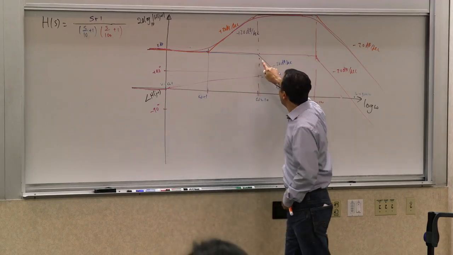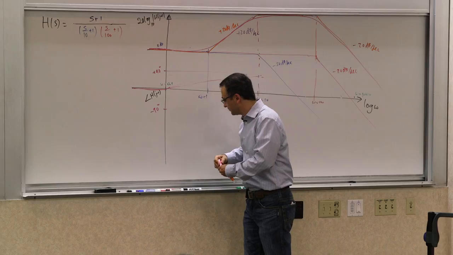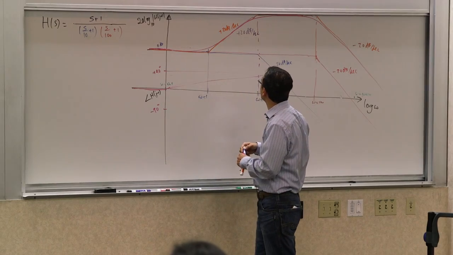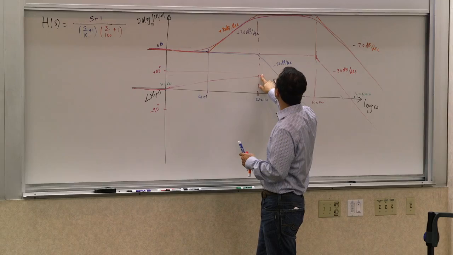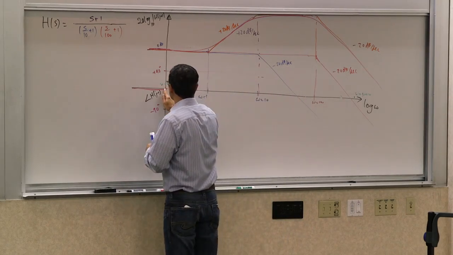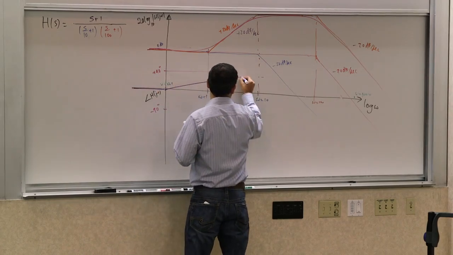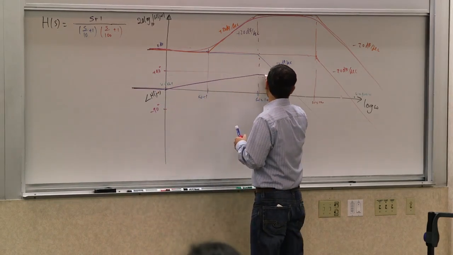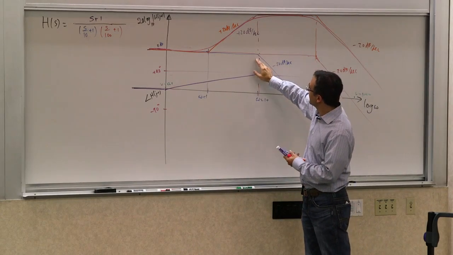However, now once you get to this one, the effect of this blue one is that its phase starts dropping. What color did I use for the first one? Purple? Okay, let me just use purple for that. So that would have been by itself what you get from that guy. But now you also have the effect of this blue one.